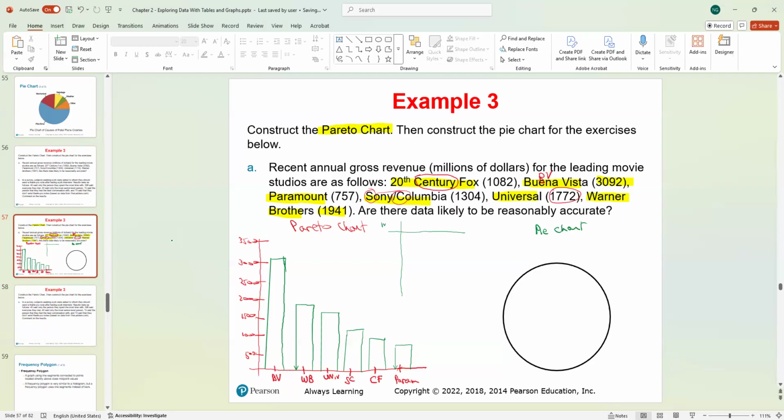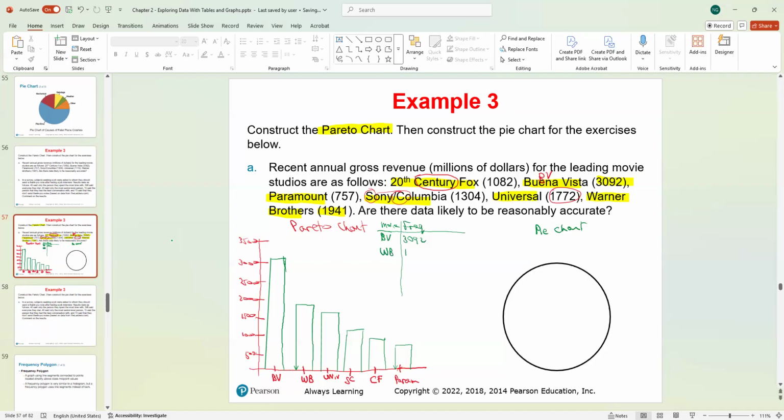Movie studio: remember we said we have BV, and the frequency is 3092.